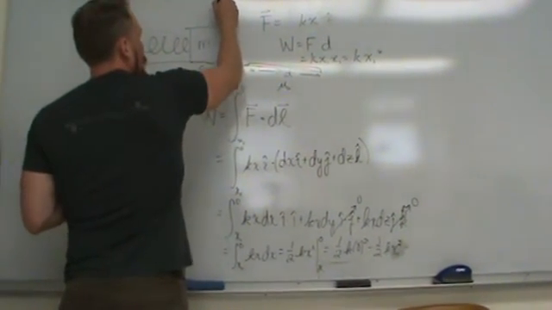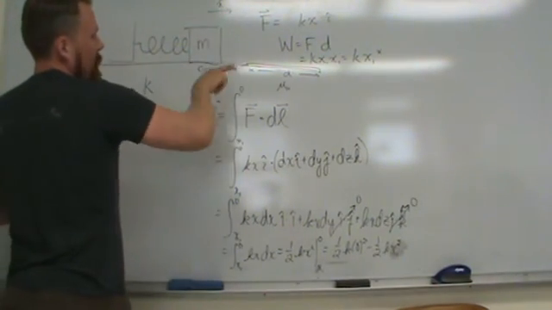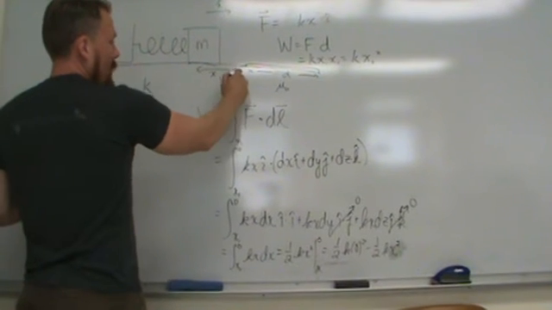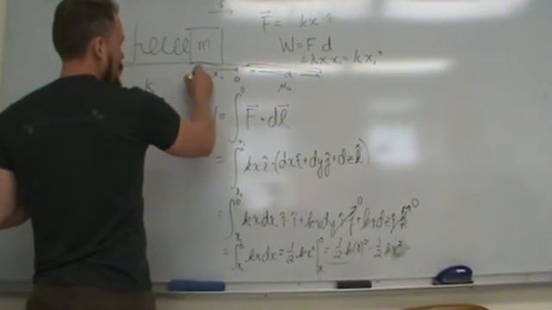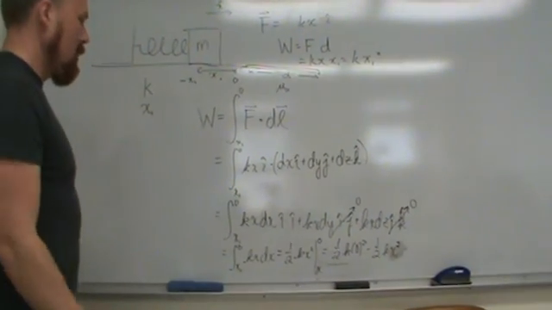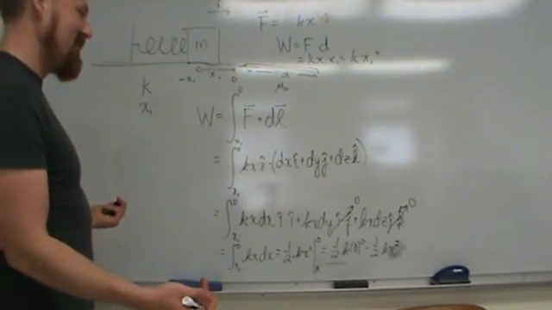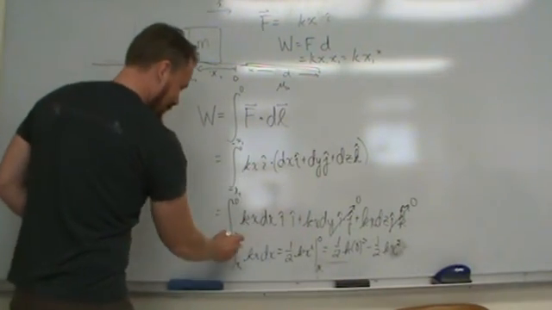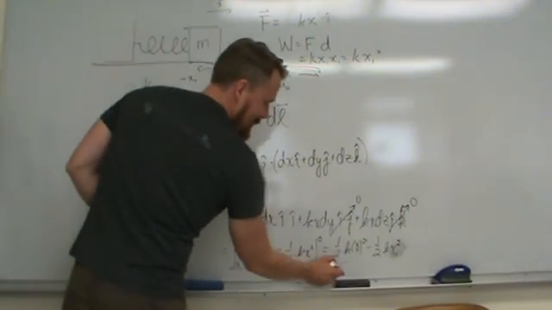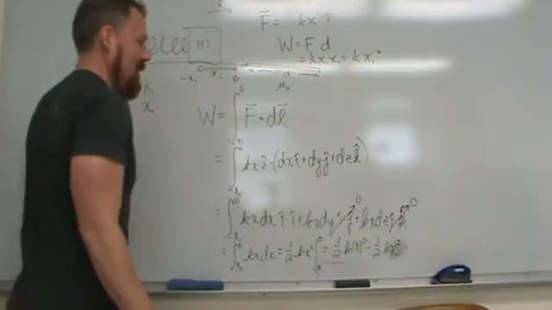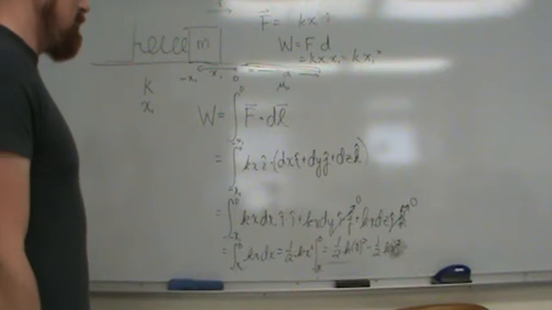So if I'm counting this as the positive x direction, and we call this the 0 point and this x1, this should actually be minus x1, not 0. Actually, that still doesn't fix it. Because if this is minus x1, that minus sign goes away, so it doesn't even matter, we still get minus. That's troubling.